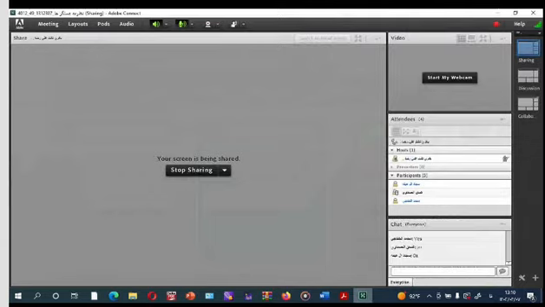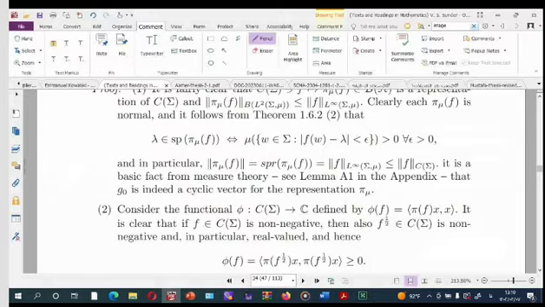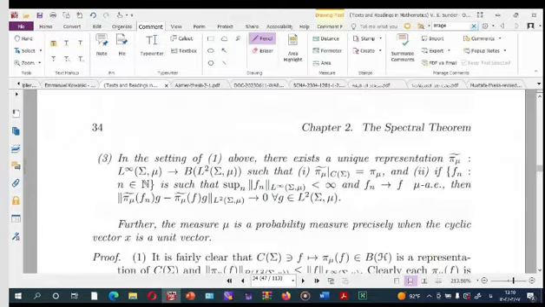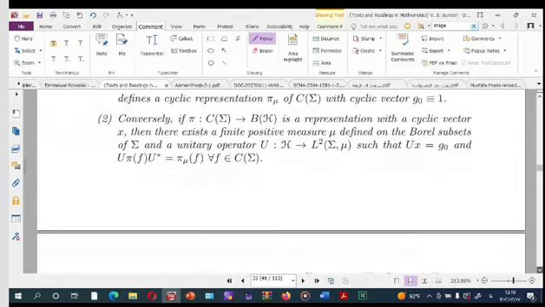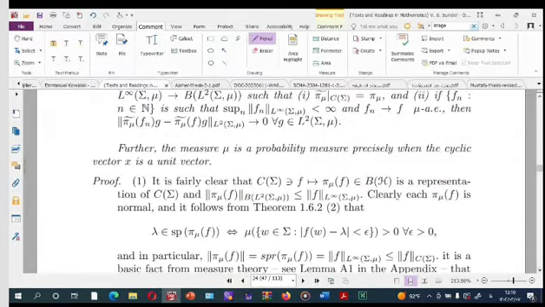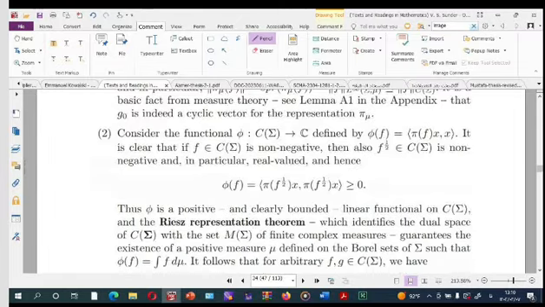Okay, do you understand? Please read this proof completely. I begin this proof and prove that this is a representation and we have this inequality. Other steps are in your books and very easy.